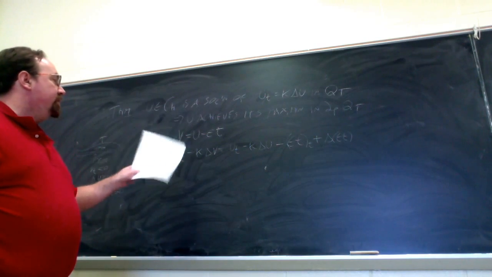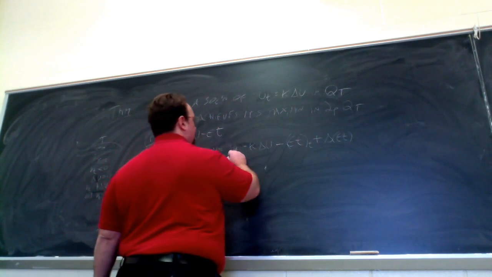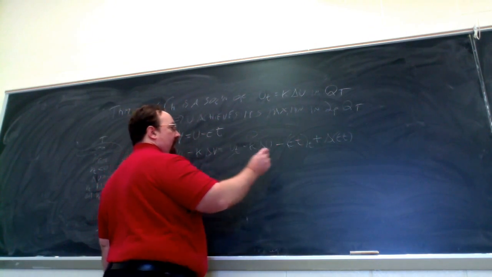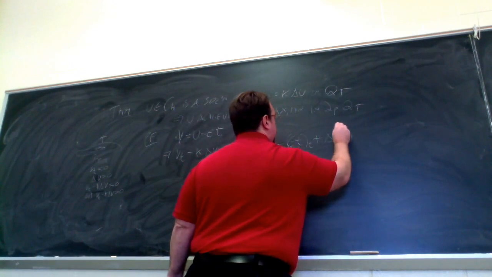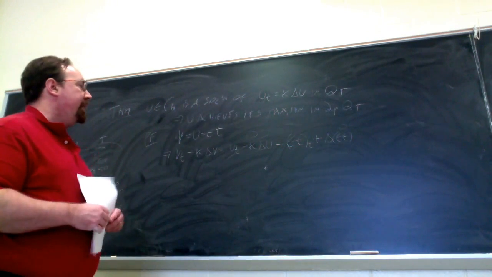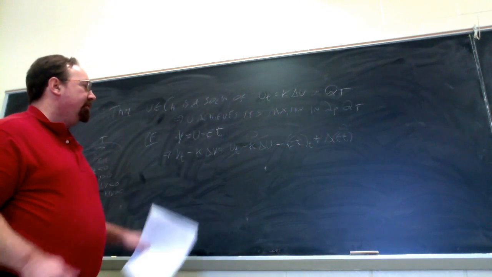Now, u is a solution, so the first part is 0. The Laplacian is a spatial derivative, so that's 0. And the derivative of t with respect to t, of course, is 1.